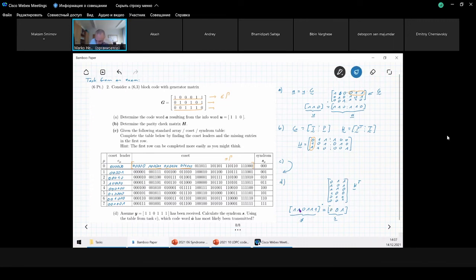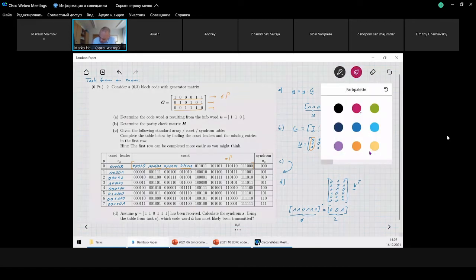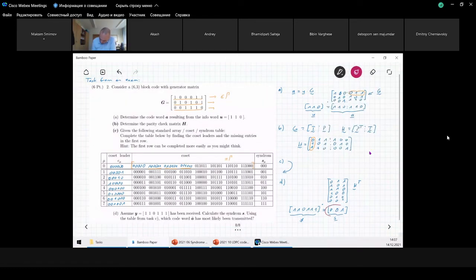So it's a 1 here, 1 plus a 1 from the fourth one, 1 plus 1 will be 0. Yes. Okay. So we have the syndrome 0, 0, 1. So this is the syndrome that we found.